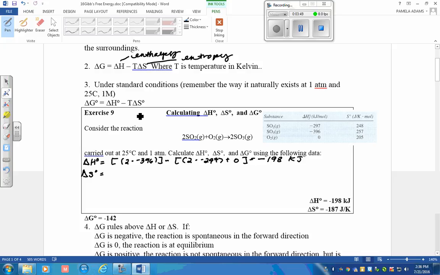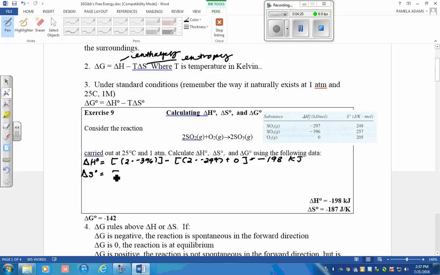I'm in favor of taking my delta S value, changing to kilojoules per K per mole by dividing the end result by 1,000. The other thing to note is the entropy of all of these species is a positive value. The only time an entropy value is 0 is for a perfect crystal at absolute 0. There are no negative entropy values.